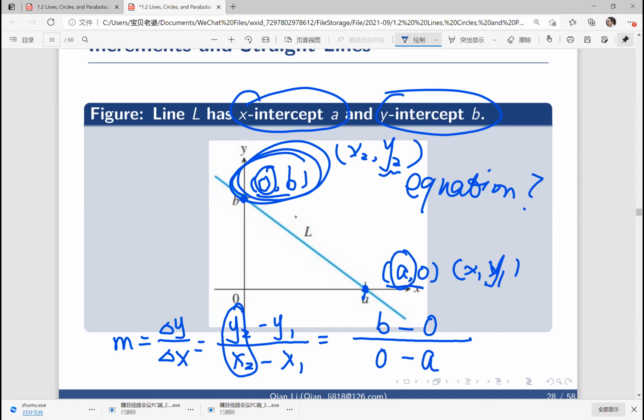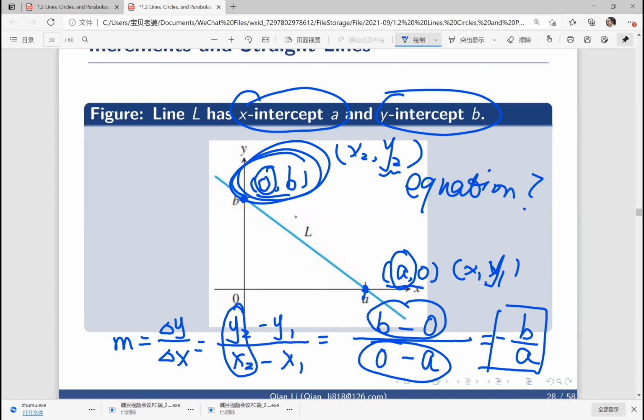So it will be b over negative a. So the slope of this line is negative b over a, right? Some people compute the slope as b over a, which is wrong. The slope of this line is negative b over a.